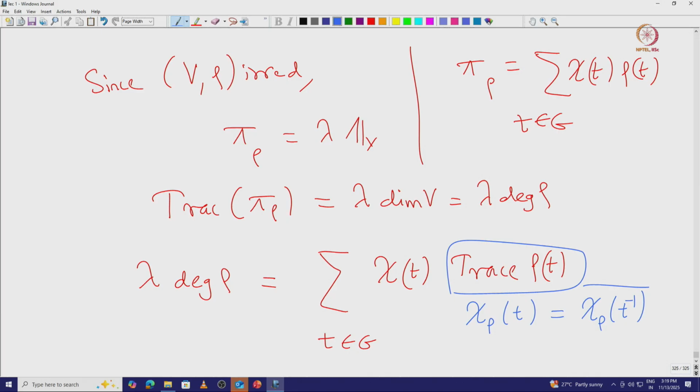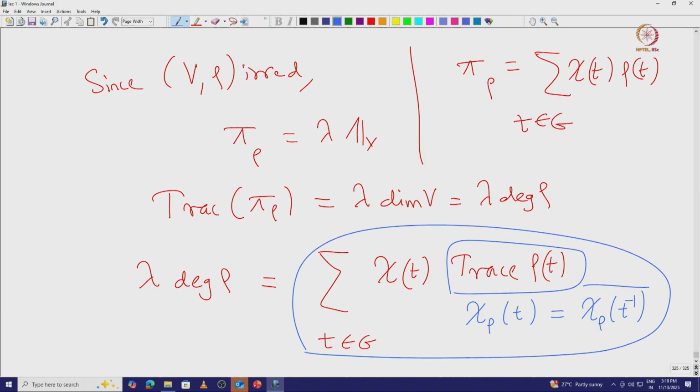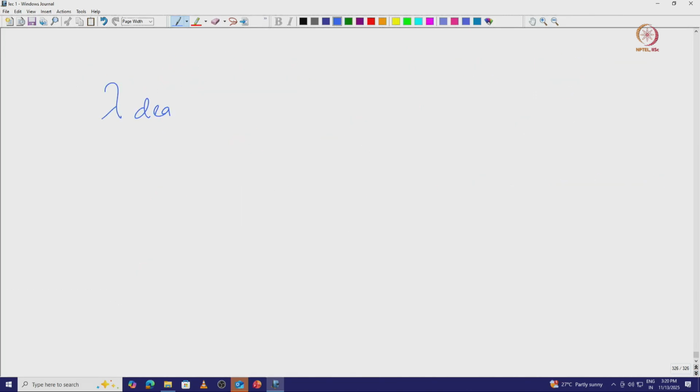So now you can see that this entire term is exactly equal to, we can actually divide by the cardinality of G and then multiply by the cardinality of G. Then this entire term is going to be equal to the inner product between chi and chi rho bar times the cardinality of G. That means lambda times the degree of rho is exactly equal to the cardinality of G times the inner product of chi with chi rho bar.